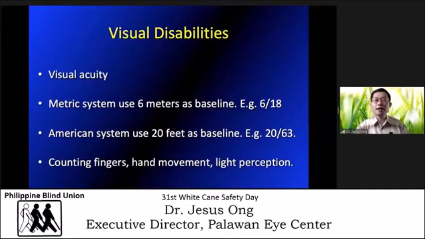Pag hindi na kaya na makabasa nung pinakamalaking letra sa Snellen or sa ETDRS chart, pina-quantitate na lang ito kung counting fingers, so nabibilang lang yung daliri, or nakikitang gumagalaw ang kamay, o kaya naman as in nakikita lang ba liwanag o wala na nakikitang liwanag.